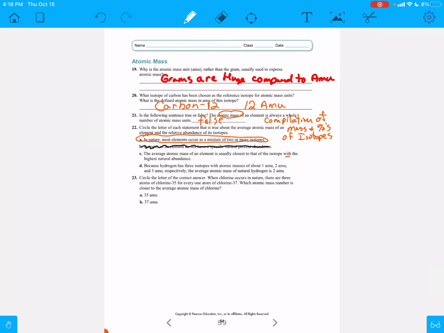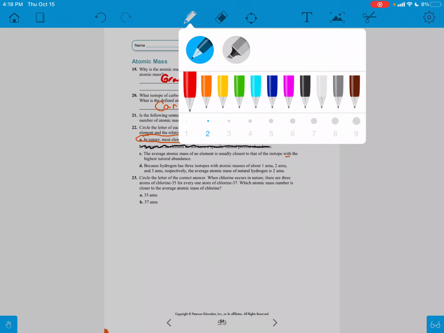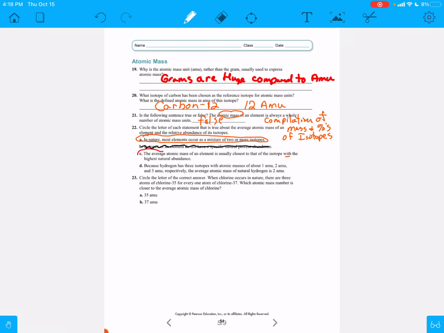The next one: the average atomic mass of an element is usually closest to that of the isotope with the highest natural abundance. That is absolutely true. And the last one: because hydrogen has 3 isotopes with atomic masses of 1 AMU, 2 AMU, and 3 AMU respectively, the average atomic mass of natural hydrogen is 2 AMU.